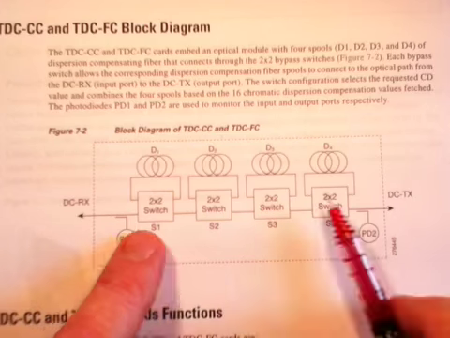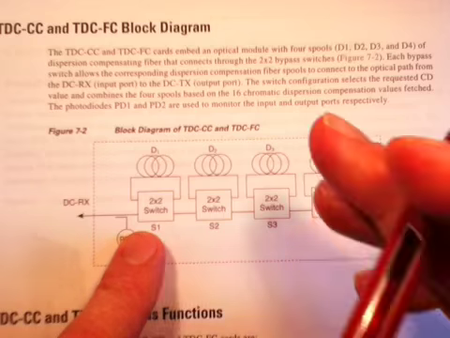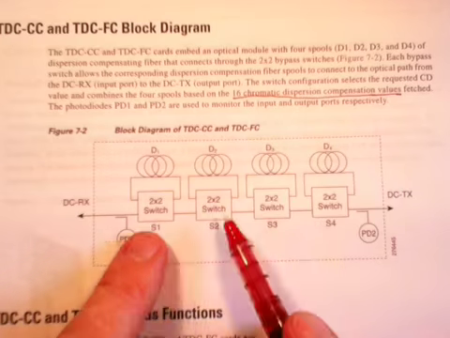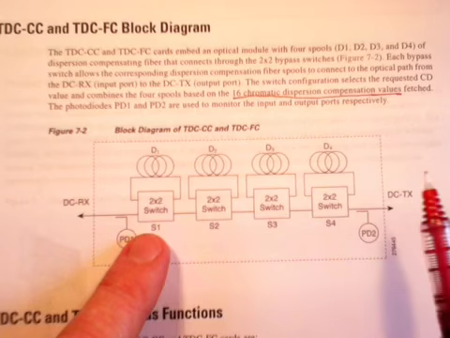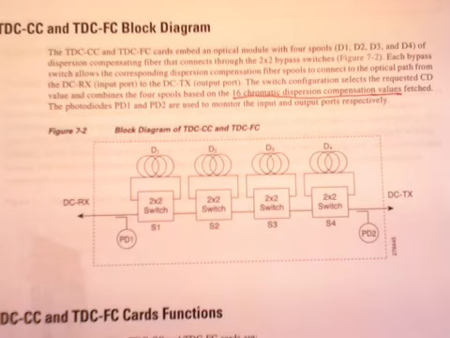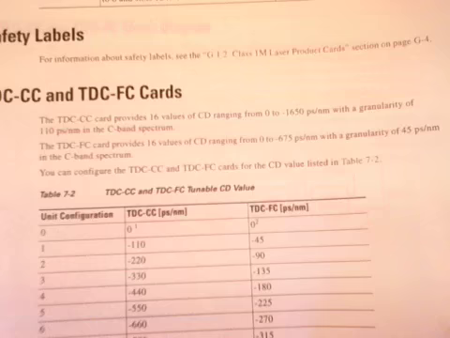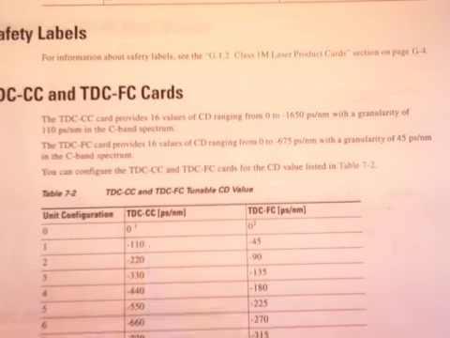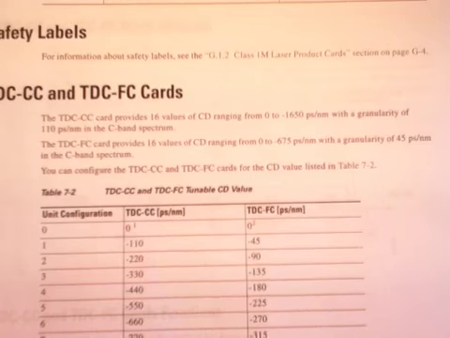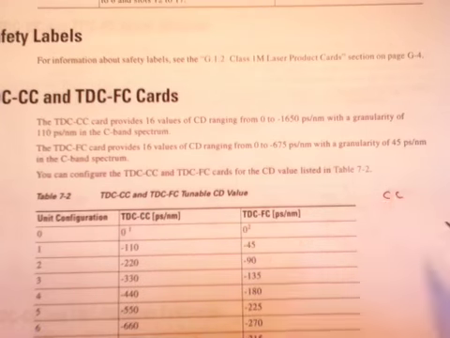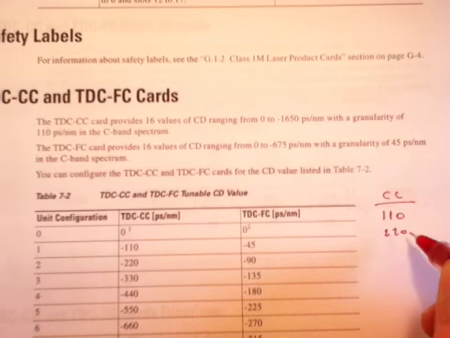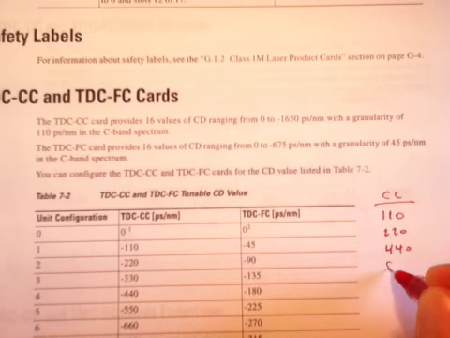we get 16 different values of chromatic dispersion through a 4-coil sequence. In other words, on the coarse one where we have increments of 110, apparently the coil values are 110, 220, 440, and 880.